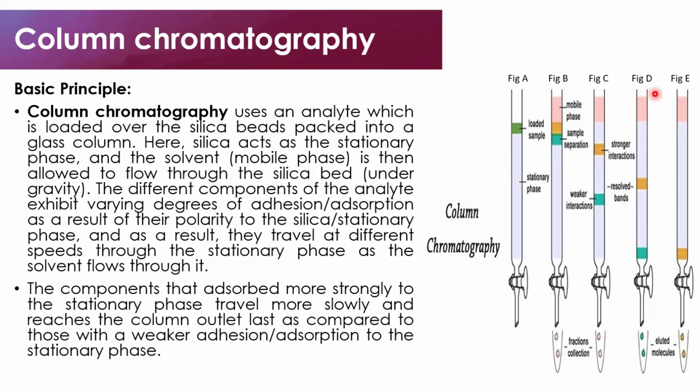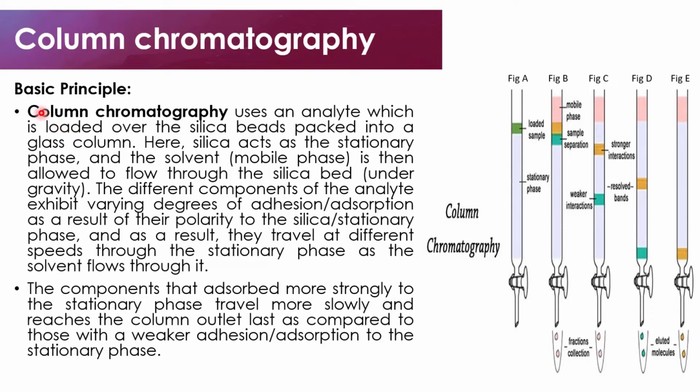Figures D and E also show how the separated components elute through the column outlet and are collected as fractions, with the green resolved band eluting first and collected as a fraction as shown in figure D, followed by the orange resolved band eluting last and also collected as a fraction as shown in figure E.